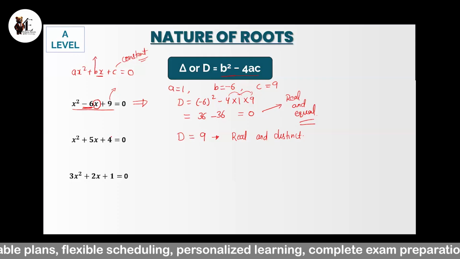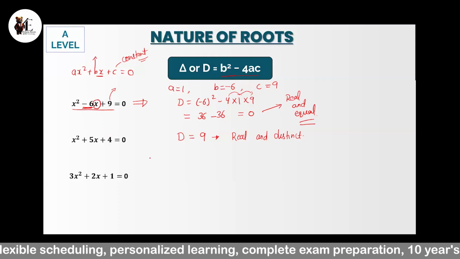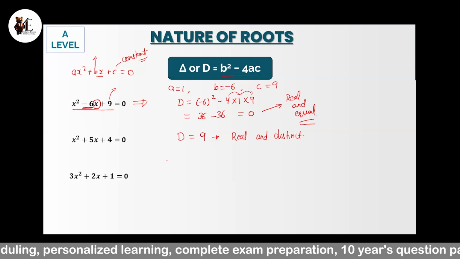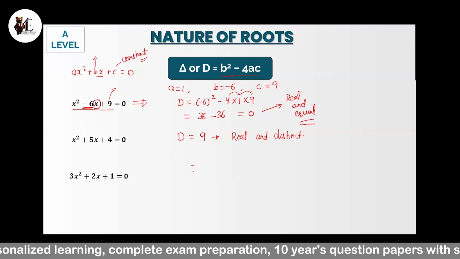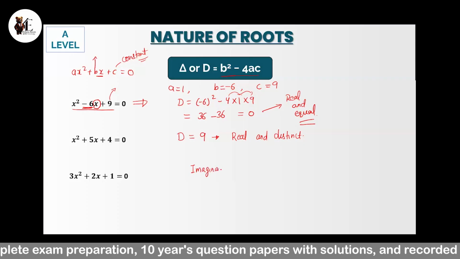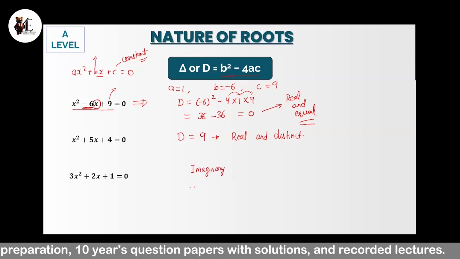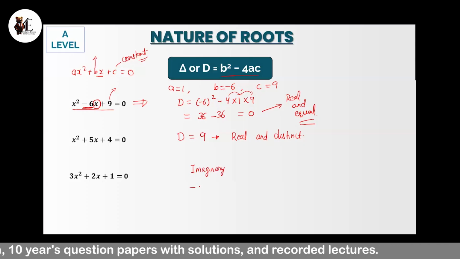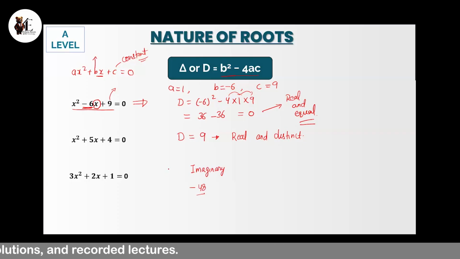Yes, what's the value of the discriminant? It is an imaginary root. The answer would be negative. Yeah, negative 48. So it's imaginary root. Okay, it is imaginary.